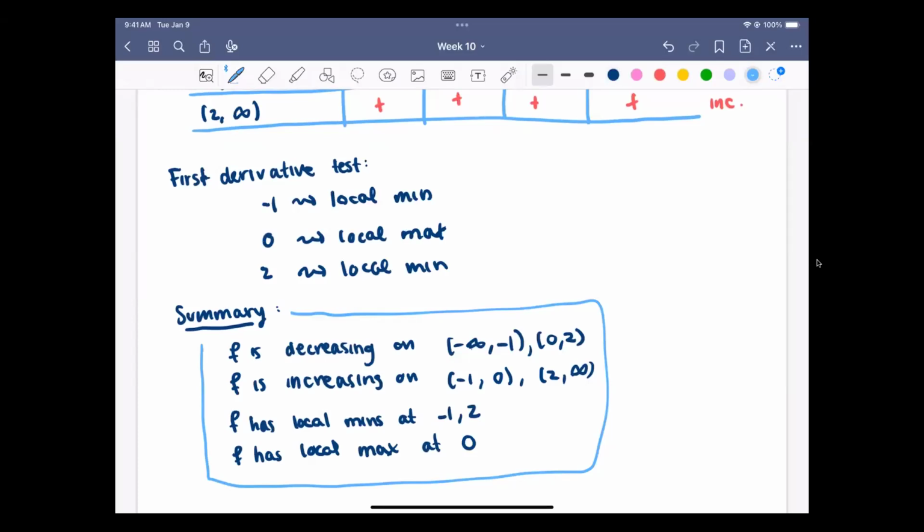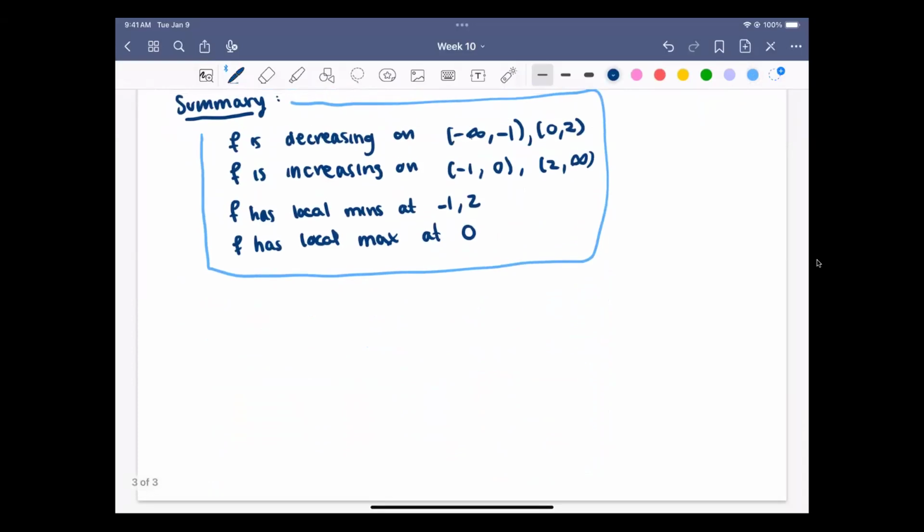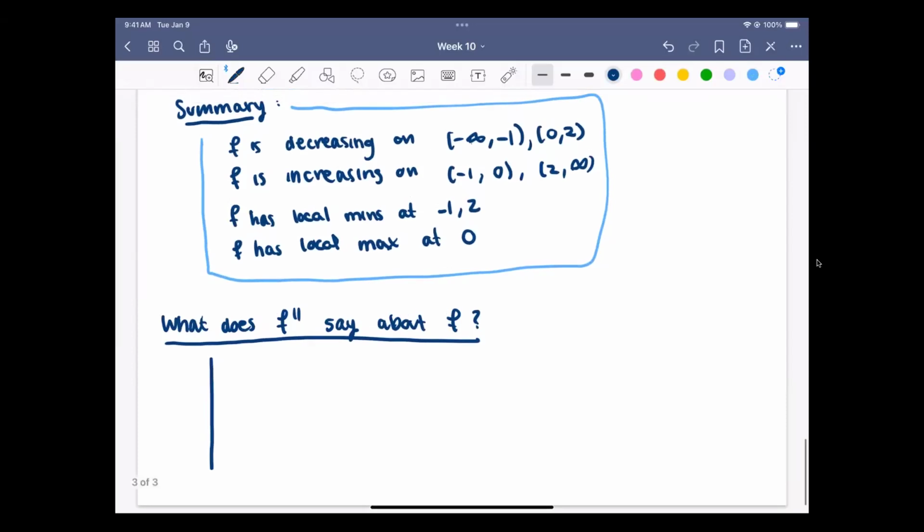Okay, so what does f double prime say about f? Okay, so here's two pictures I want you to see.